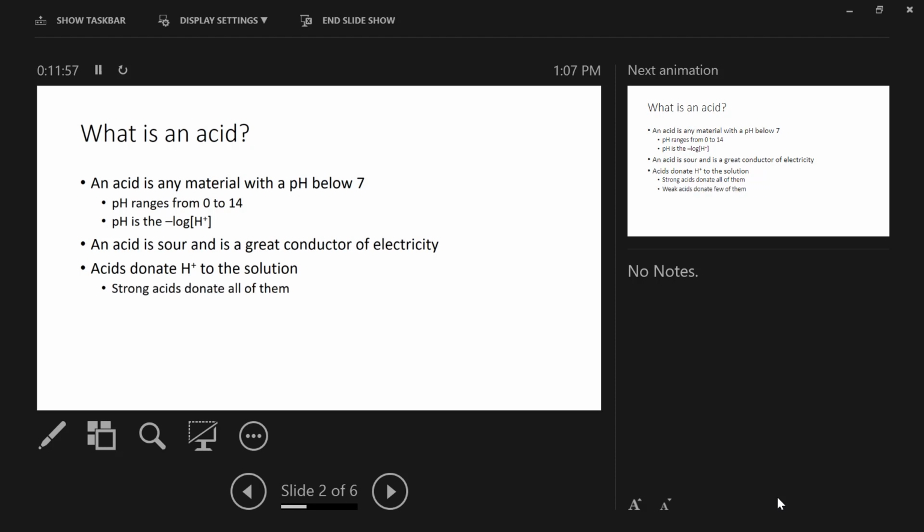We have strong acids that donate all of their hydrogen ions to the solution. Every single molecule donates its hydrogen ion. Weak acids donate very few of them. So we have a nice way to distinguish strong acids from weak acids.